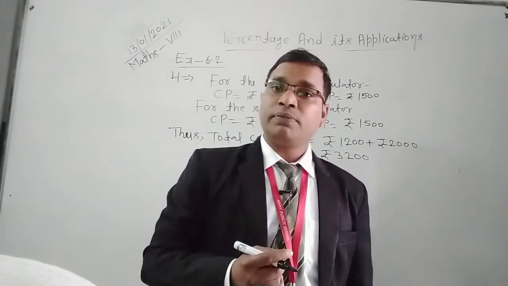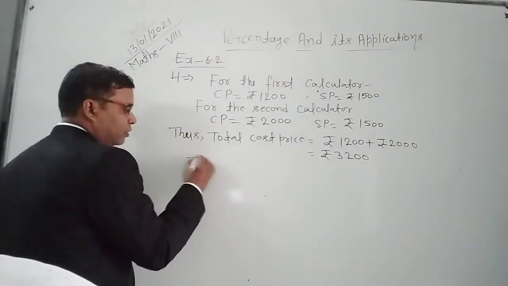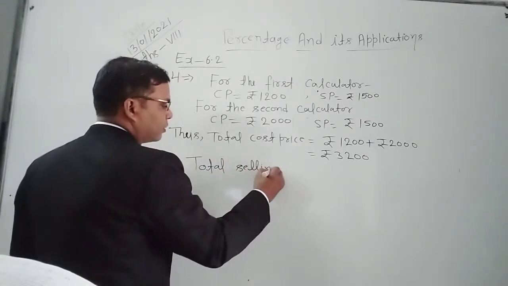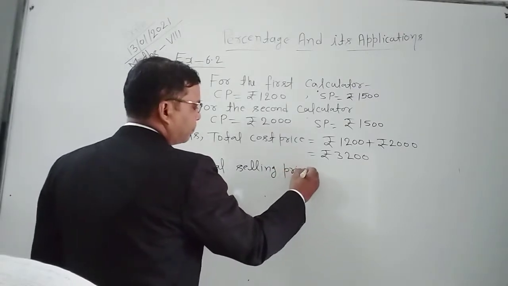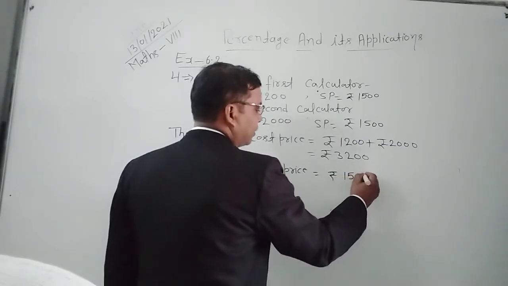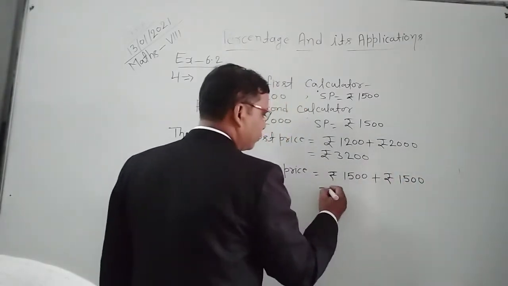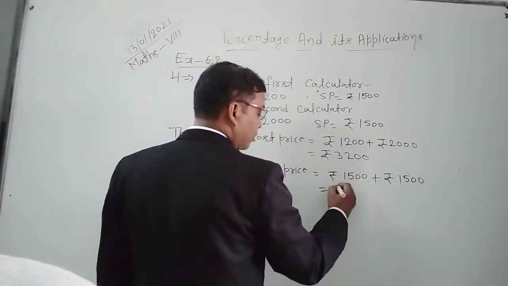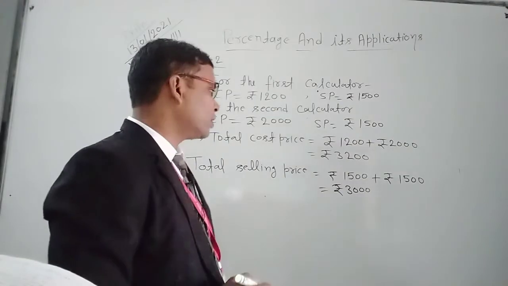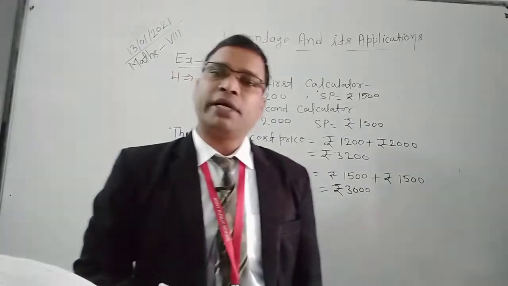So the total selling price of two calculators is equal to rupees 1500 plus rupees 1500. This is equal to rupees 3000. So you can see here the total cost price is 3200 and the total selling price is 3000.